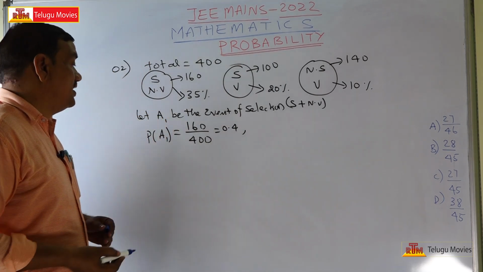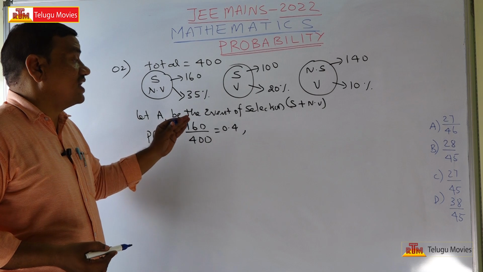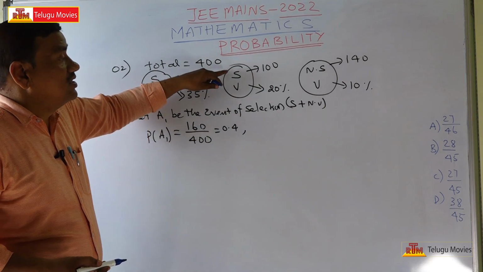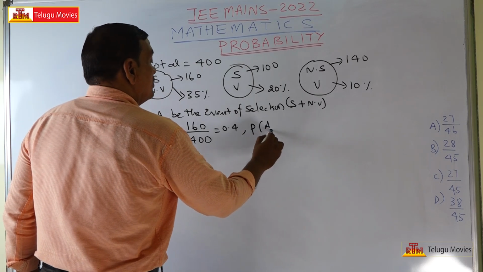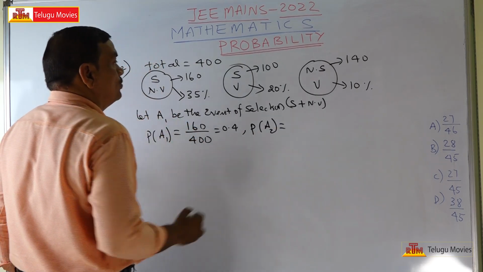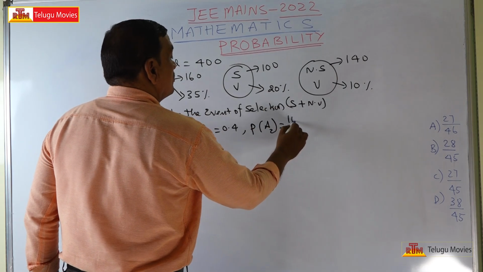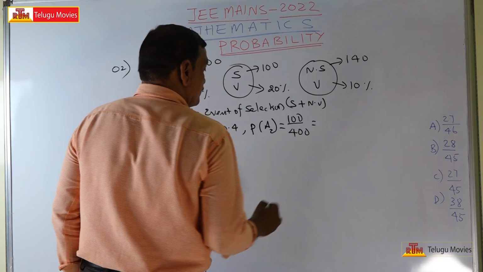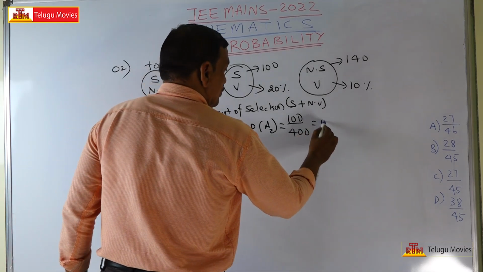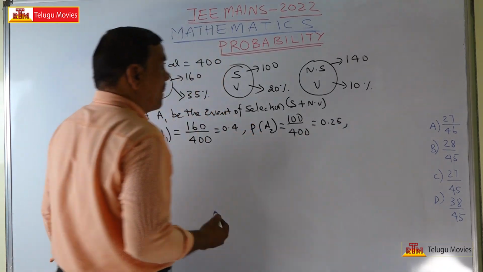Similarly, let A2 be the event of selecting a person who is a smoker and a vegetarian. The probability of A2 is 100 by 400, which is equal to 1 by 4, that is 0.25.